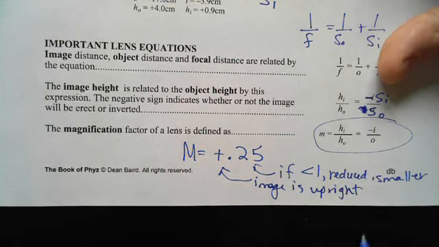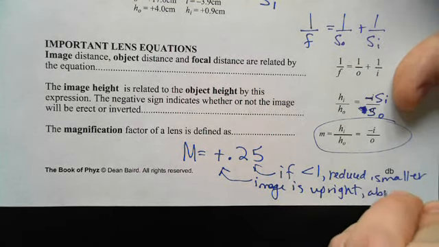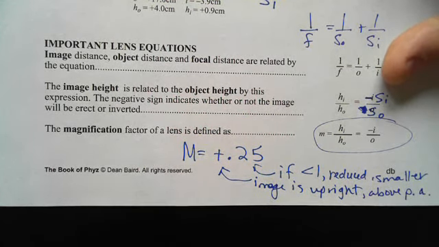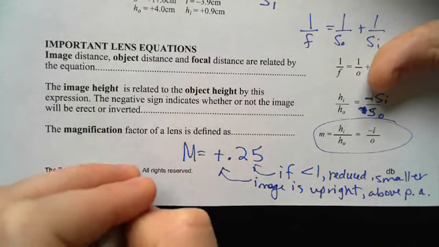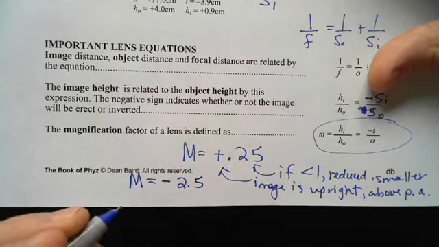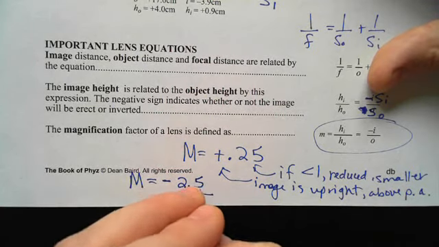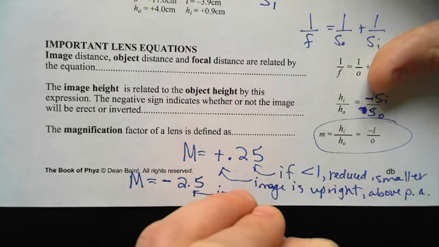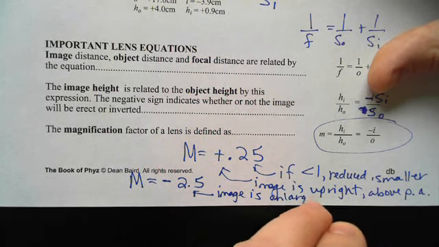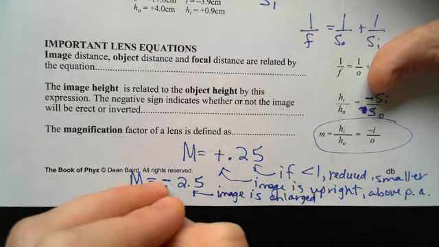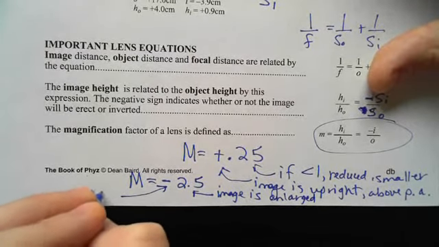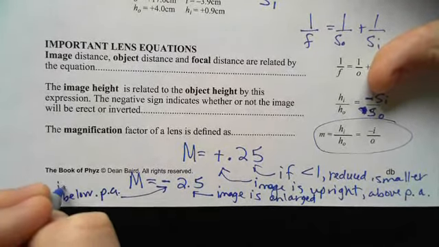Let's say I got a magnification of negative 2.5. That means my image is enlarged. And that negative sign means that it's below the principal axis and inverted.